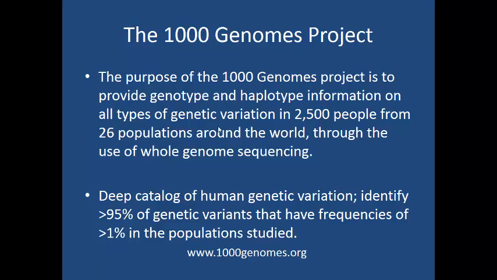And this is important because we know that genetic architecture is not the same between all races and ethnicities. And so you really do have to finely characterize or categorize variants in a specific population to have a good assessment of what's going on with that particular population's genetic architecture.